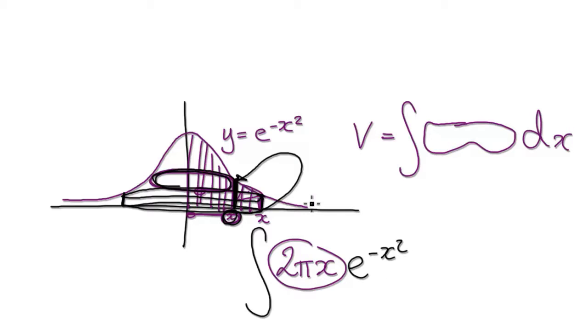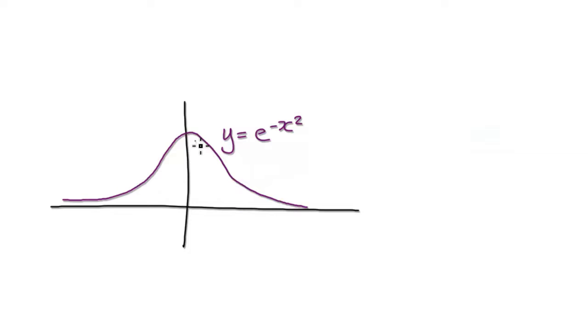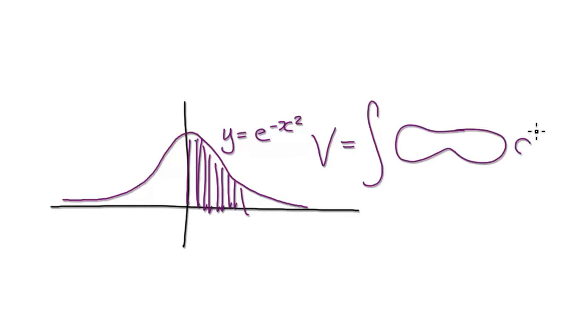So the idea here is, let's start again. V is given by this. It's going to be something dx, because we're moving in the dx direction. So suppose x is here, 2 pi r it, that will give you your circumference.